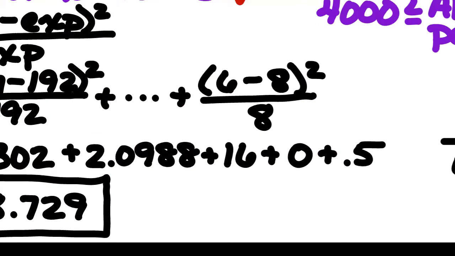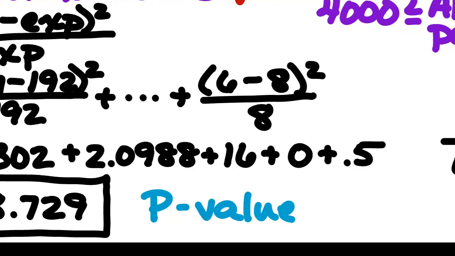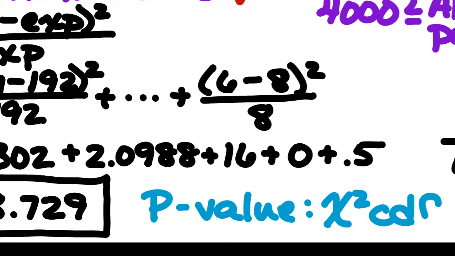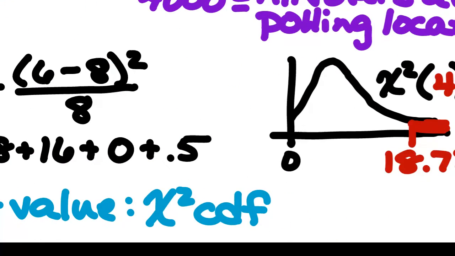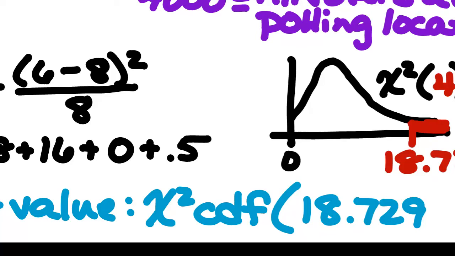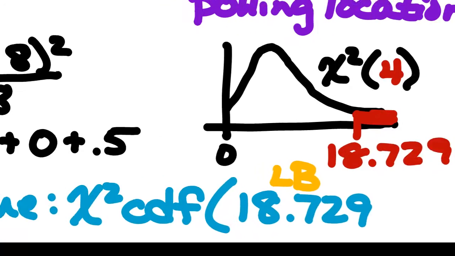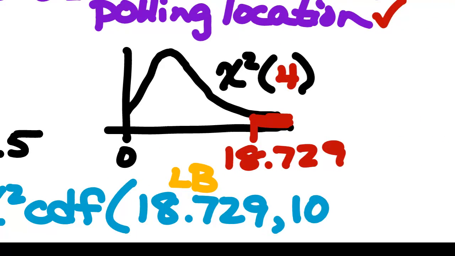All right, then p-value. We do chi-square CDF, which is option 8 when you do second vars. Lower bound is 18.729. We're going to label that as our lower bound. Upper bound is something stupidly large, like, I don't know, 1 million.